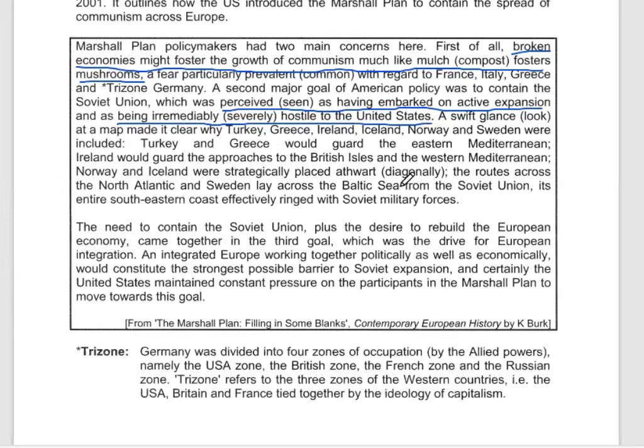Those are the two reasons. Right, I'll move on to the next question.